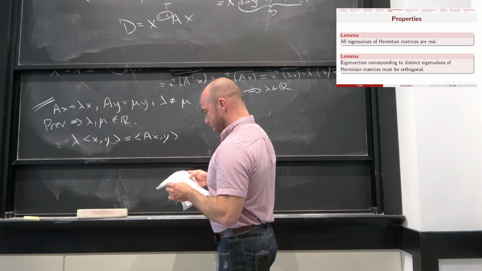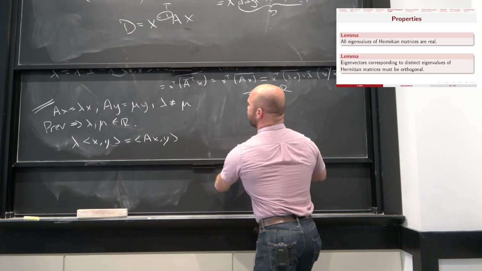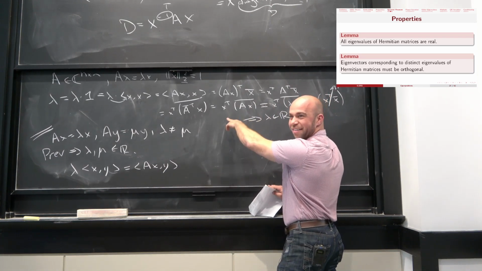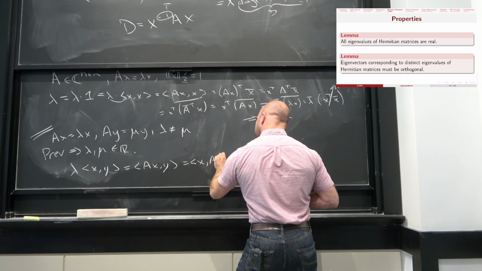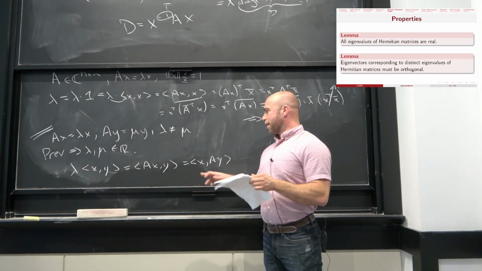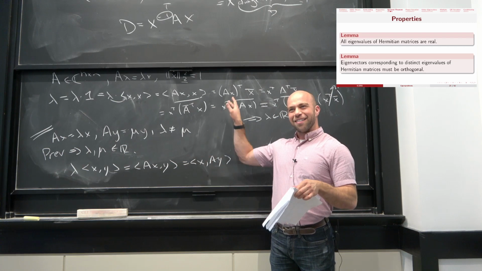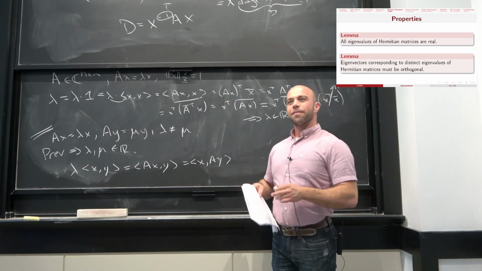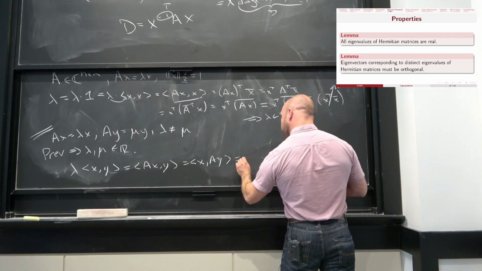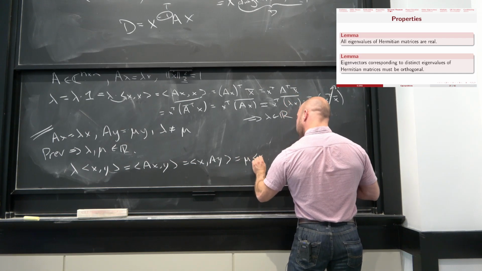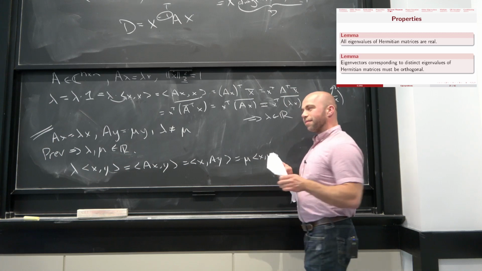And because of essentially exactly this derivation here, this is the same as x inner product Ay. In fact, there's a universe where the definition of Hermitian is actually here, not the conjugate transpose. Ay is equal to mu y, and mu is real, so this is mu times the inner product of x and y. Cool?